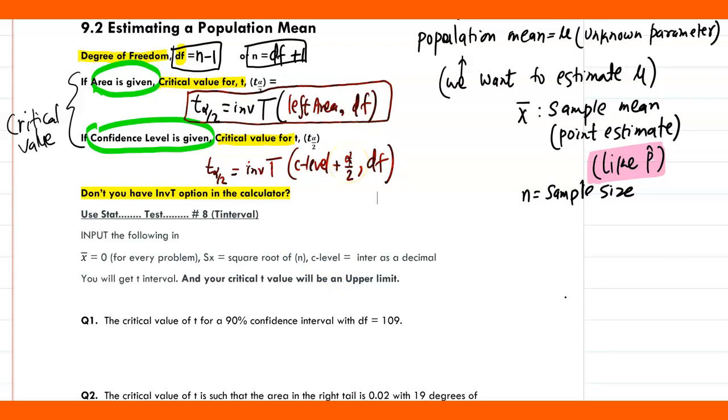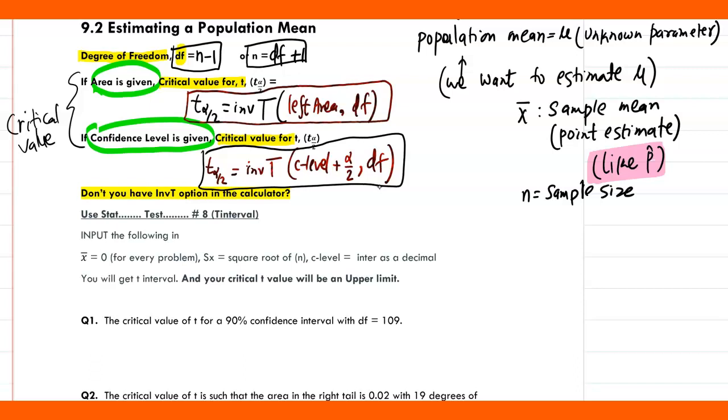We did that in the previous section. If you know the confidence level, alpha can be found. For example, for a 90% confidence level, alpha is going to be 0.10. As long as you have a confidence level, you can find alpha, and that's how you find the critical value using the calculator function.